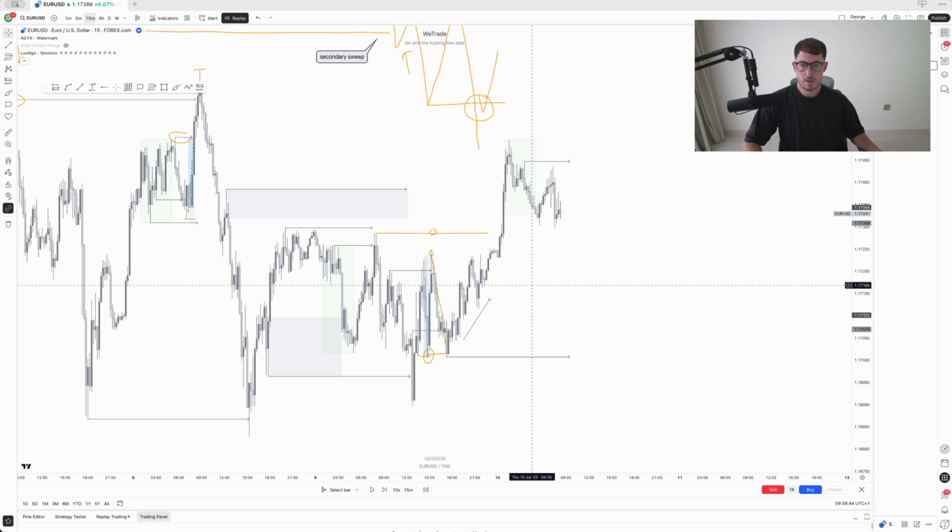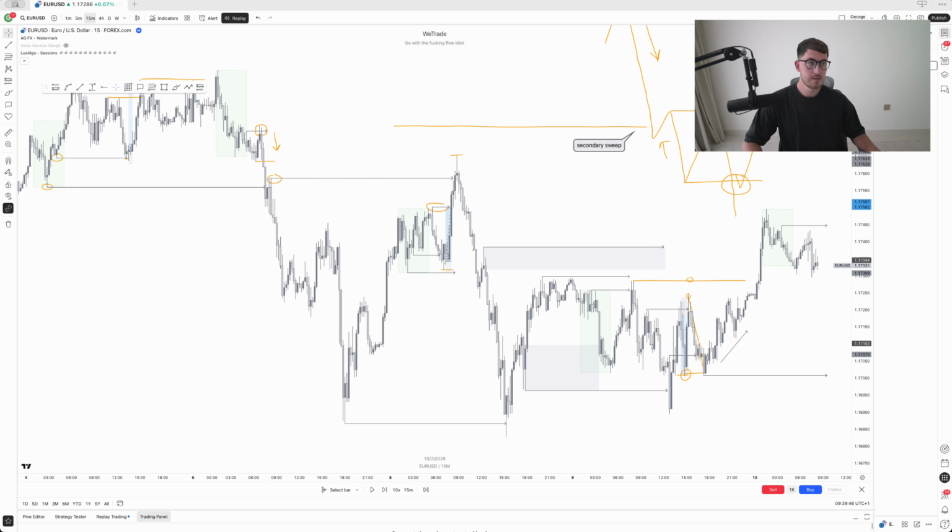So really, really key concepts. And to be honest, this is a concept that I really use as my primary thought process when I'm on the markets. I'm looking for that primary run of liquidity. Once that primary run has happened, whether I've been able to trade it or not, or whether I've got an entry or not, I'm not then going to jump into those secondary runs, because I know that that primary run has likely put in a directional bias for the session.